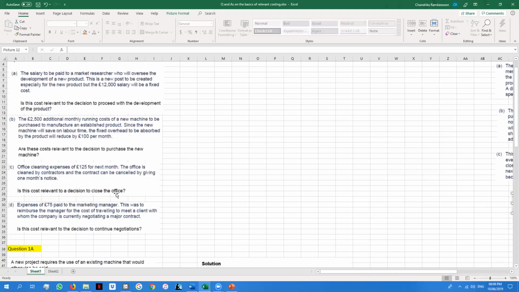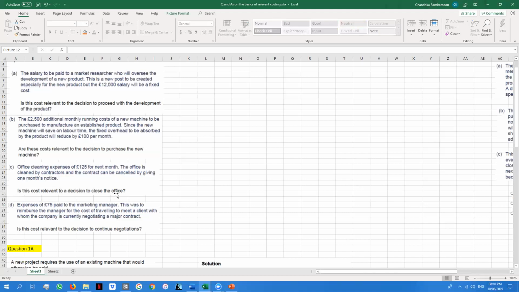In other words, if the business decides to close down the office, will they save that $125? Will it be affected by the decision? Now, the answer is no. The reason being, you were told the office is cleaned by contractors and the contract can be cancelled by giving 1 month's notice.